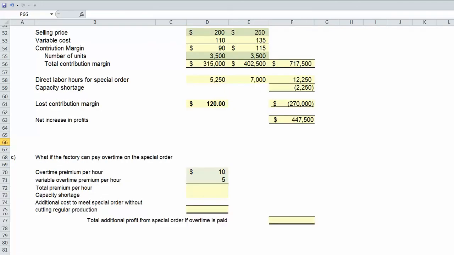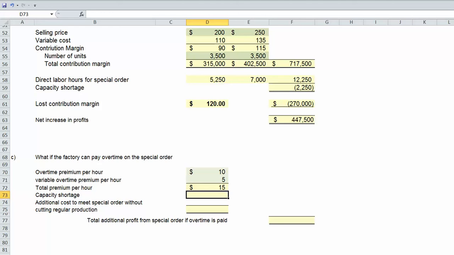In Part C, we're told that we have the ability to pay an overtime premium of $10 per hour, and also we will experience a $5 per hour increase in variable overhead for any overtime that is worked. Thus, our total overtime premium per hour is the $10 premium for direct labor, the $5 premium for variable overhead, or a total of $15 per hour.